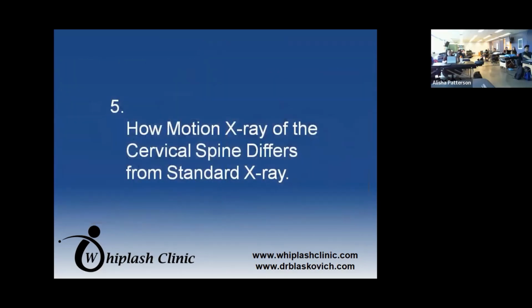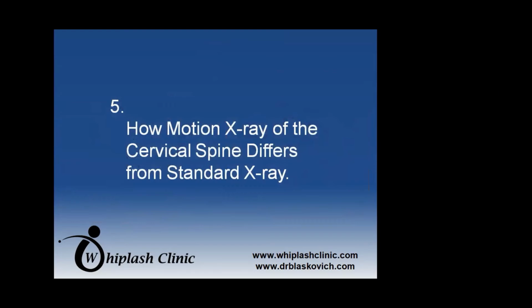Okay, so I'm reaching the end of the lecture here anyway. So I just wanted to, like I said, give you a teaser and show you how a motion X-ray of the cervical spine differs from a standard X-ray. And so I'm going to show you a lateral view of a motion X-ray, and it's actually a video, so there's no static image here.